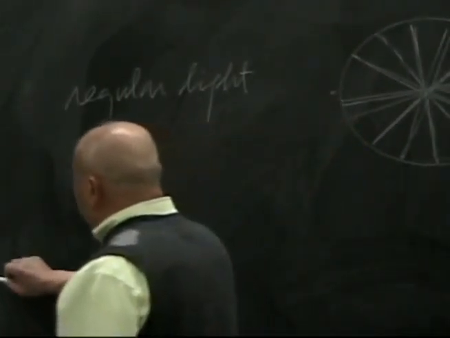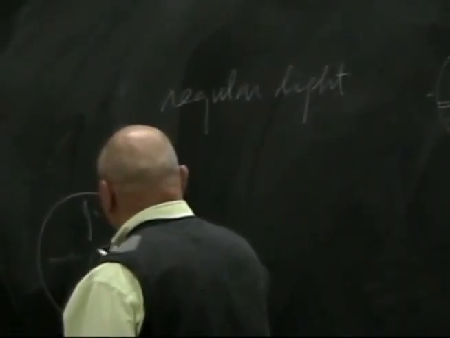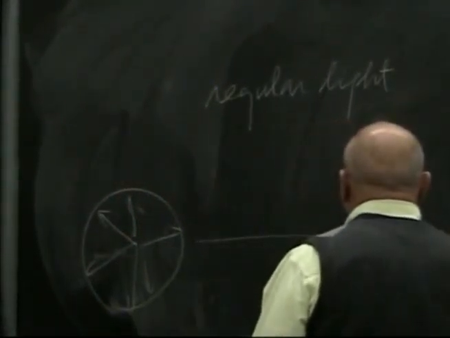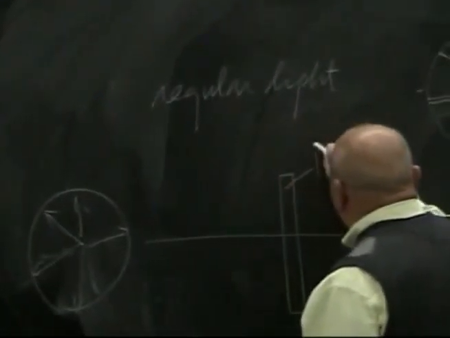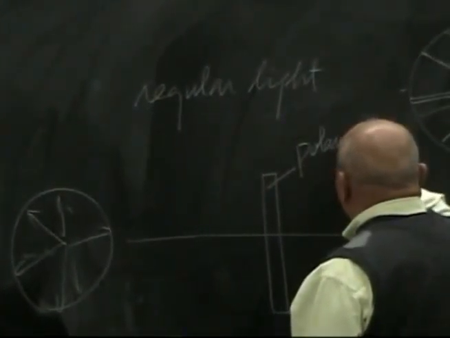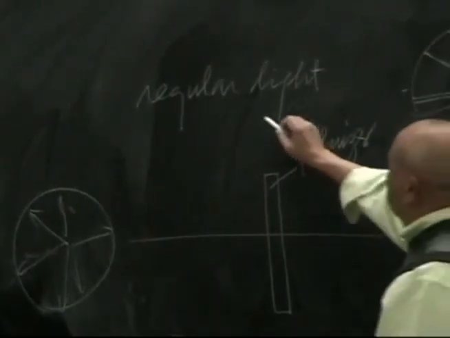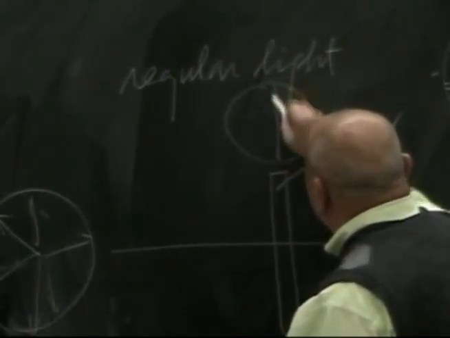So for example, you have random polarization, random like this. You have to go through something called a polarizer. A polarizer has a direction. Usually a certain polarizer has one direction, like a vertical one.